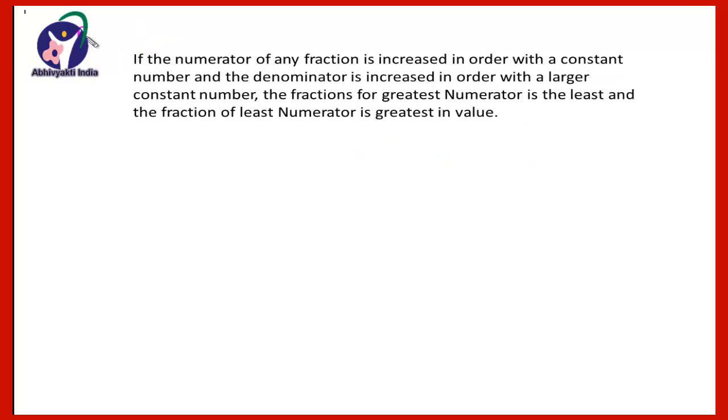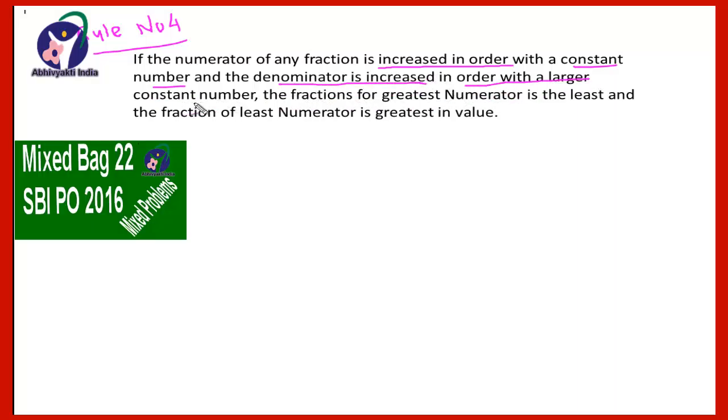Now here is rule number 4. If the numerator of any fraction is increased in order with a constant number and the denominator is increased in order with a larger constant number, the fraction with the greatest numerator is the least and the fraction with the least numerator is greatest in value.